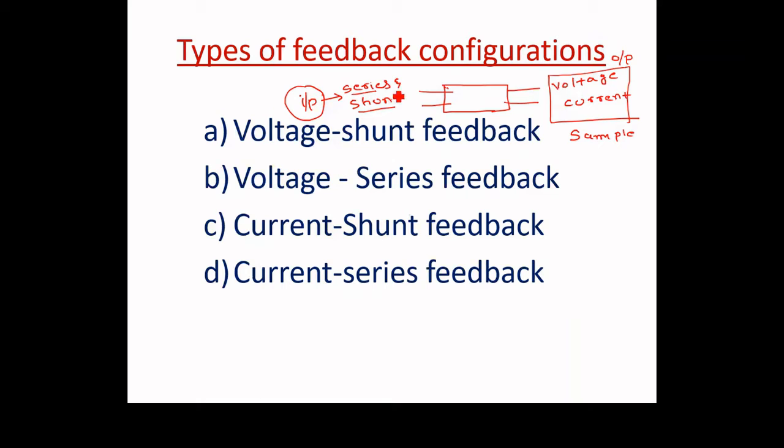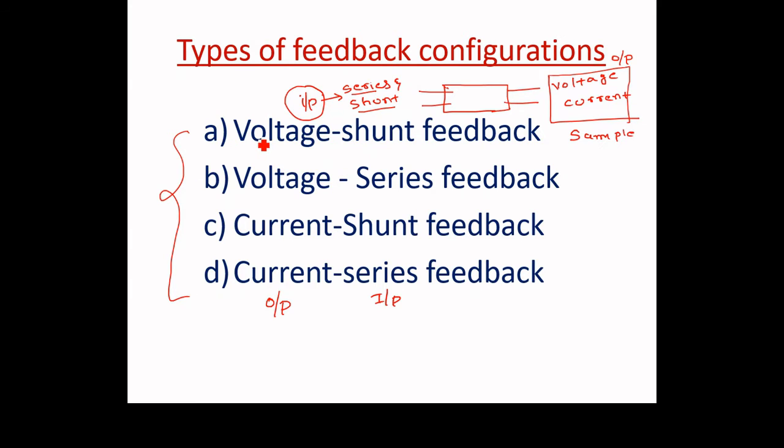At the input side we can connect in two ways, and at the output side we can take two samples. So by combining these two parameters, we have these four configurations. Voltage shunt. What is voltage shunt? This first word always refers to the output and the second always refers to the input side.